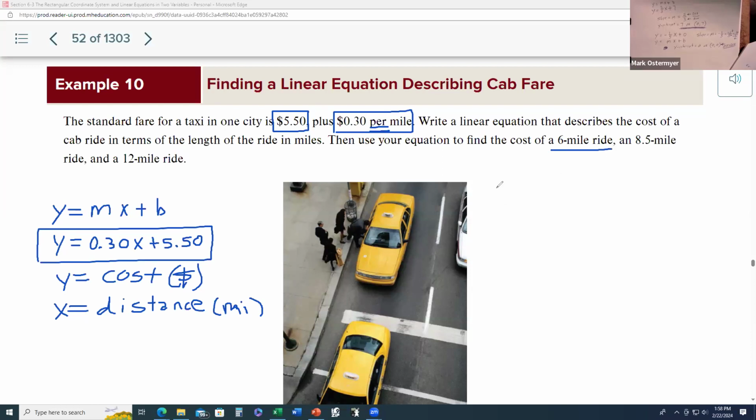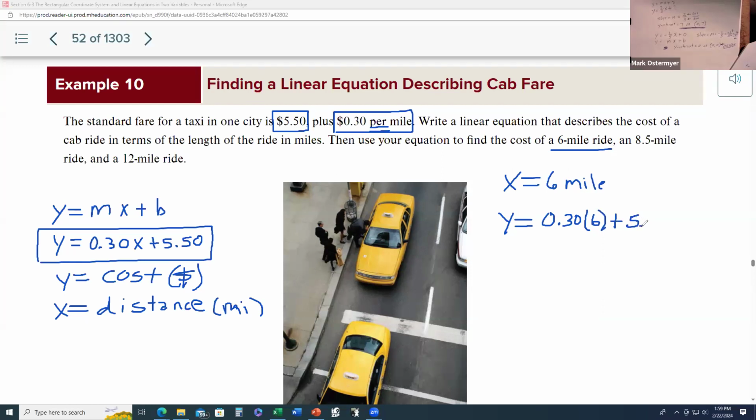If I take a 6-mile ride, that means I got to let X be equal to 6 miles. I would take 6 and then I would plug it into my what equation? So Y is equal to 0.30, 30 cents per mile times 6 miles. Get on your calculator, ladies and gentlemen. Plus 5.50.